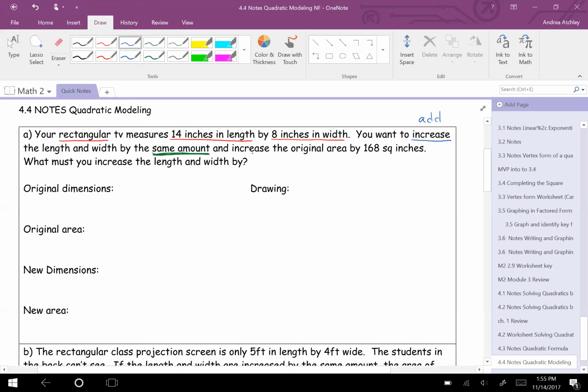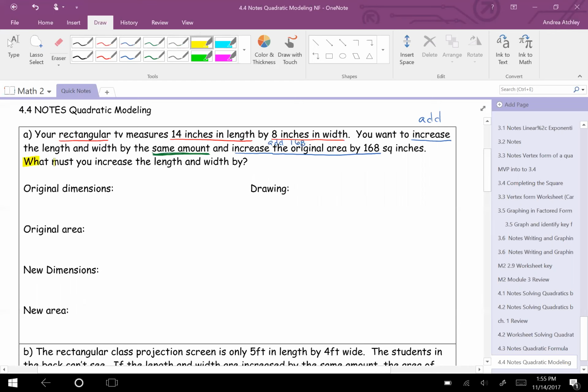And then again, there's that increase. Increase the original area by 168 square inches. So we're adding 168. Okay, and then we want to circle or highlight.